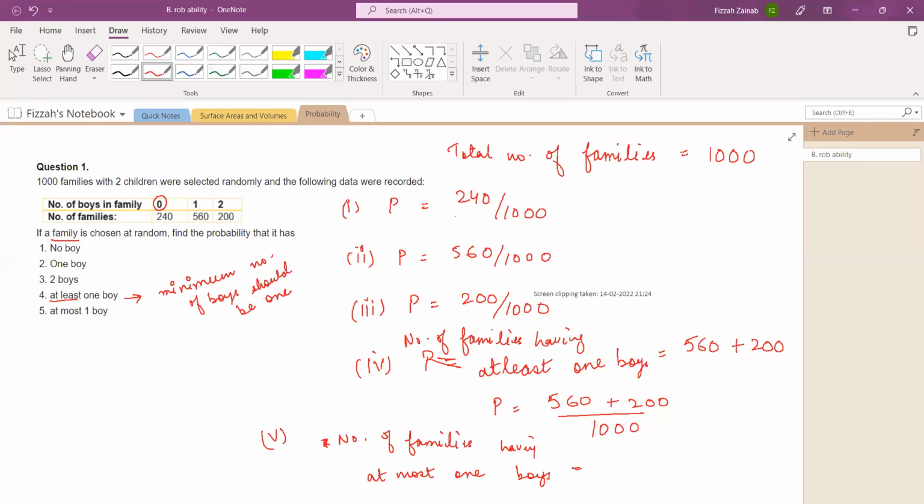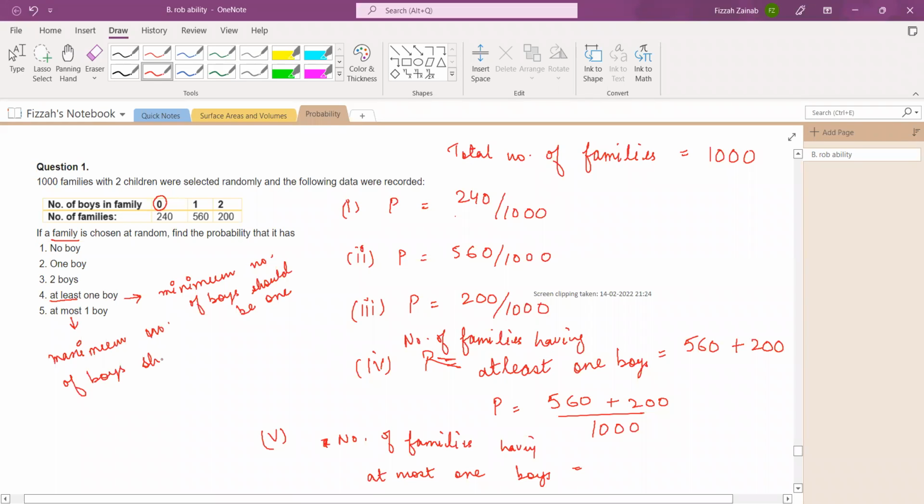Do you understand? Yes, ma'am. It means that the maximum number of boys should be one. So for the number of families having at most one boy, you also have to take the number of families having zero boys and then those having one boy. Is this clear? Yes, ma'am. Okay, and the probability will become 240 plus 560 divided by 1000. Clear?